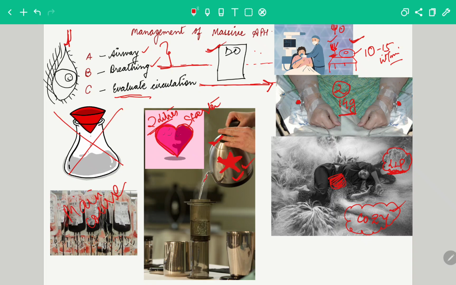And see, this fluid is coming in the shape of 1. So this also we can give 1 to 2 liters. The other colloids, we can also give 1 to 2 liters of colloid. And this Hartmann, up to 2 liters, is a crystalloid.